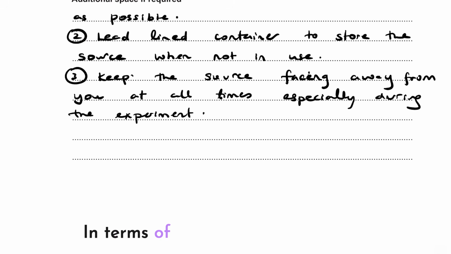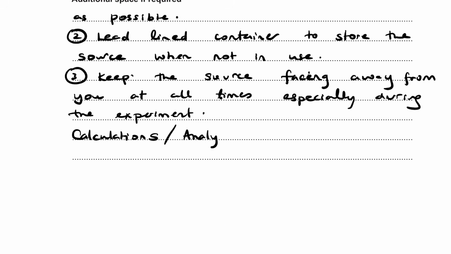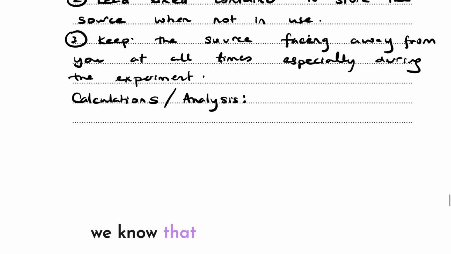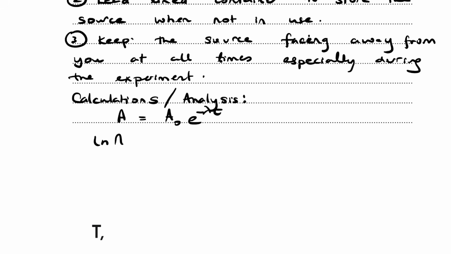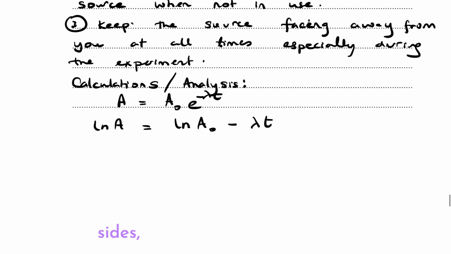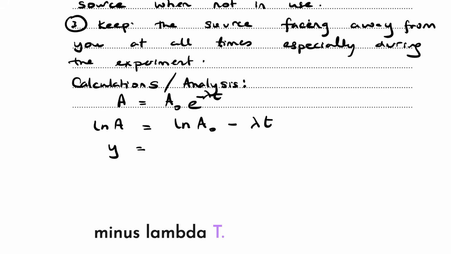In terms of the calculations, I would begin by talking about the equation. We know that A is equal to A naught times e to the power of minus lambda t. And as per this graph, if we take the natural log of both sides, ln A is equal to ln A naught minus lambda t.